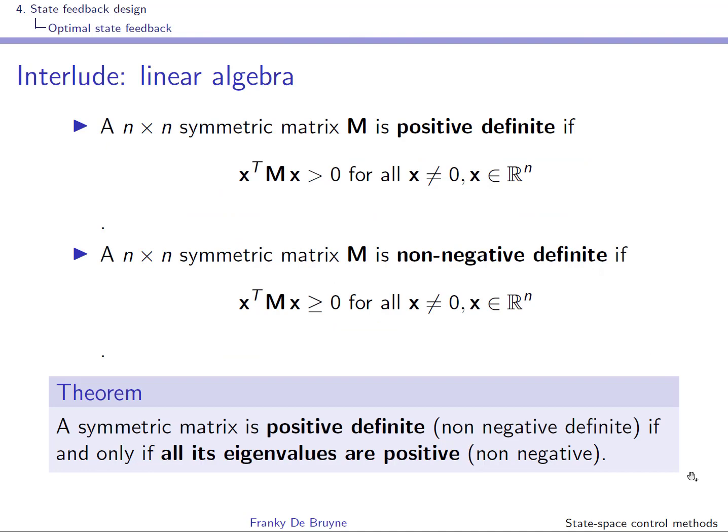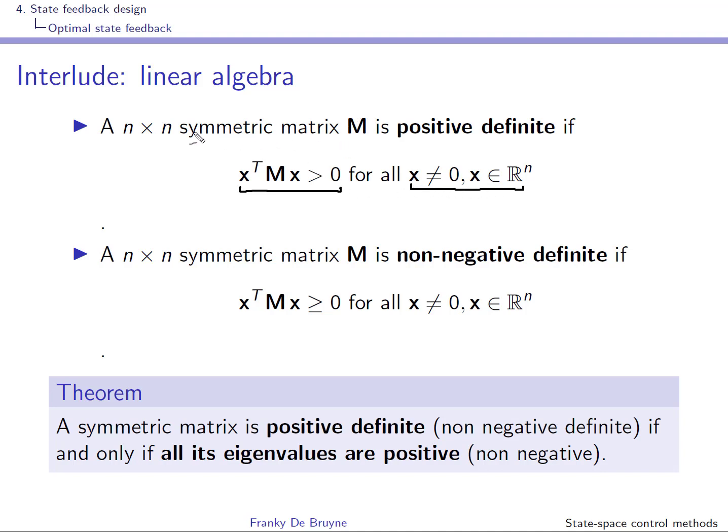Here we make a small link with the course on linear algebra, where we have seen the concept of a positive definite matrix M. A positive definite matrix M is such that x transpose M x is larger than 0 for all x in R^n.